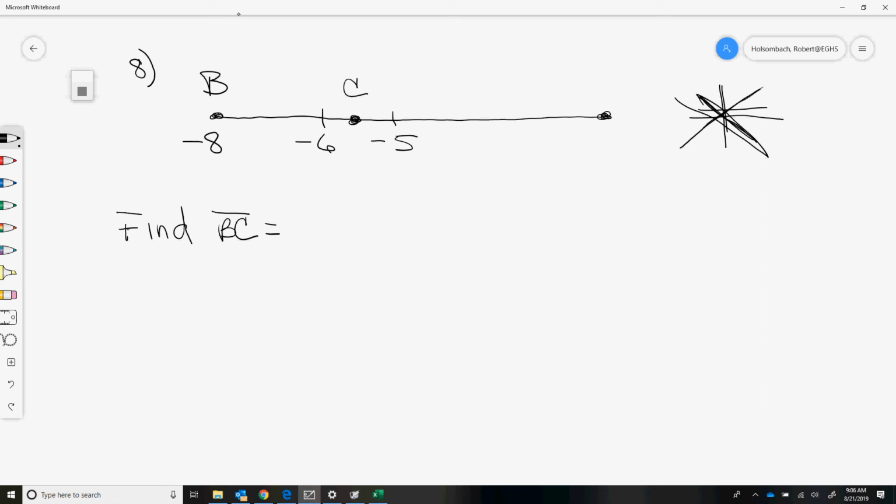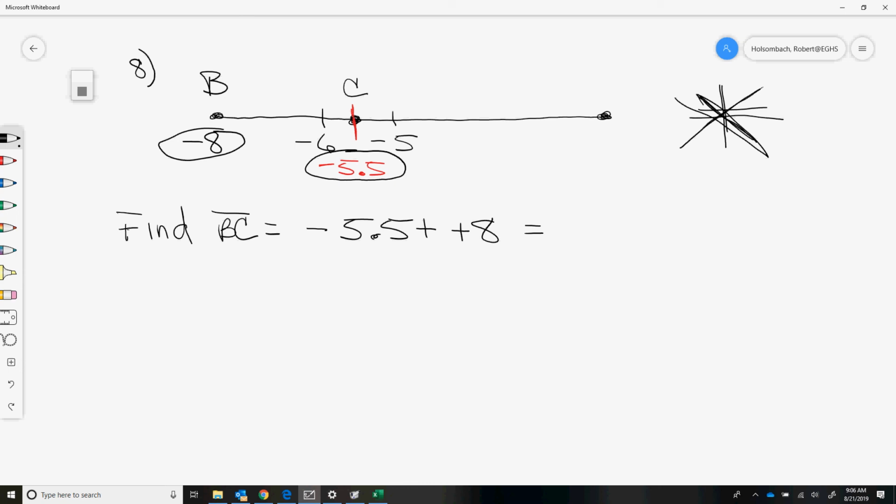Okay? So this value right here at C is negative 5.5. All right? So we said earlier, largest minus smallest. So you've got negative 5.5 minus negative 8. And that's a keep, change, change.